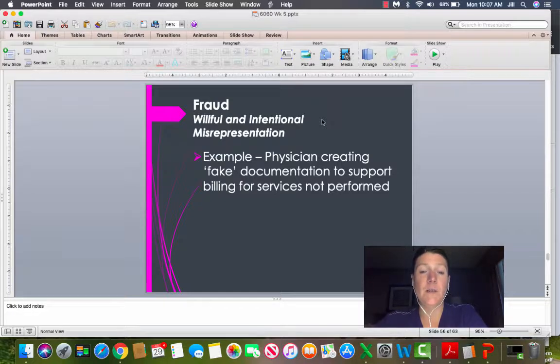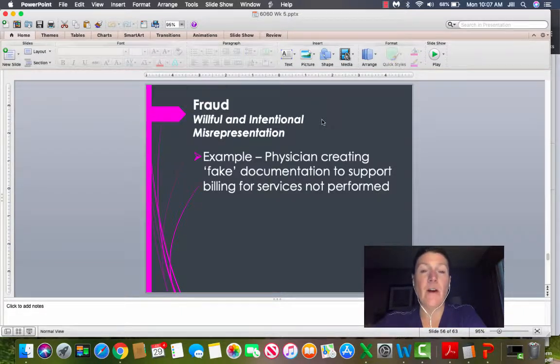A good example is a physician creating fake documentation to support billing for services not performed. Sadly, we see these across the country, and it's a good example of payers not doing their due diligence to verify provider credentials. We'll see someone set up shop as maybe a pain management clinic or a physical therapy practice or something like that.